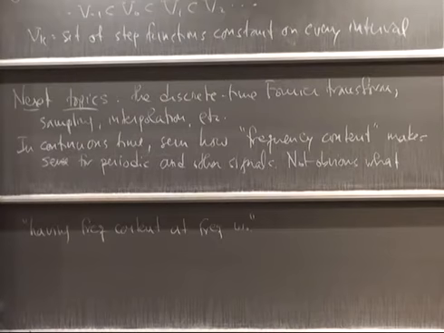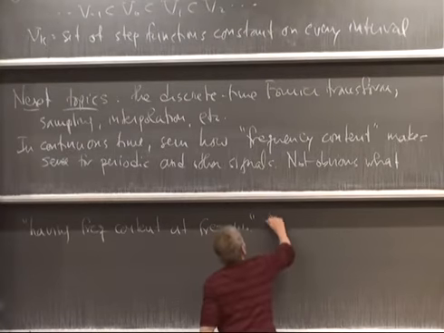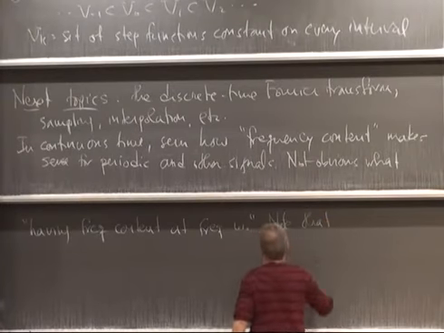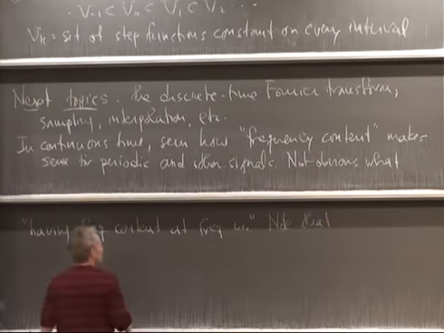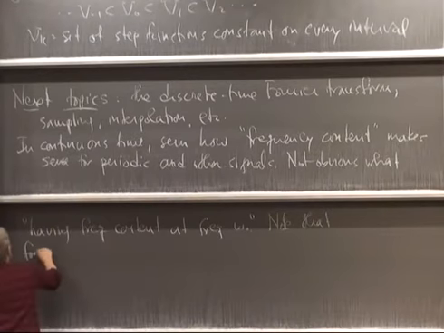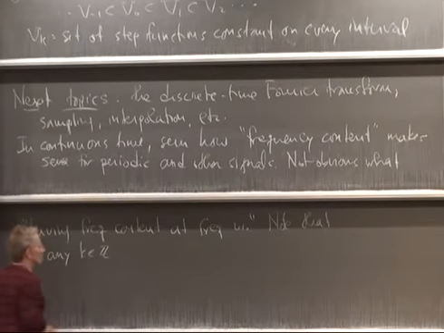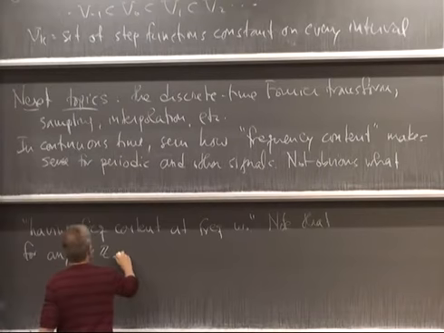Now notice that if I shift omega 0 by any integer multiple of 2 pi, for any k in the integers, what happens if I take omega 0 and shift it by k times 2 pi?